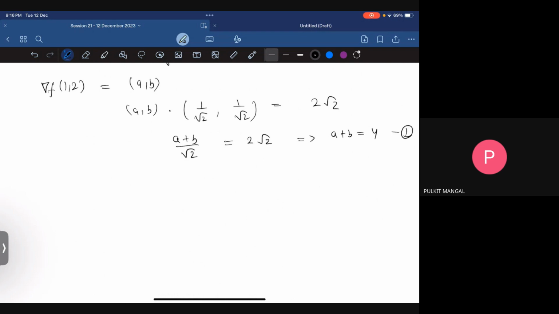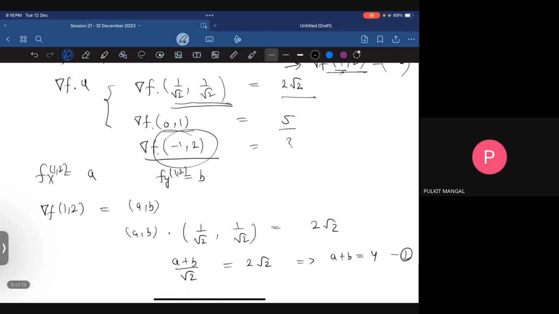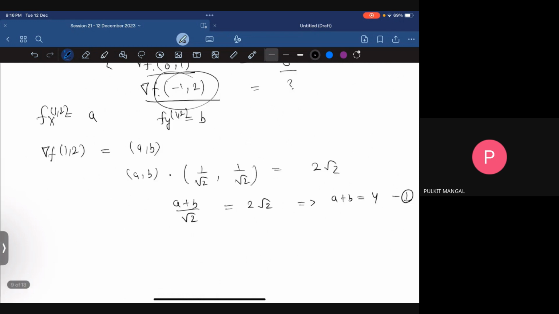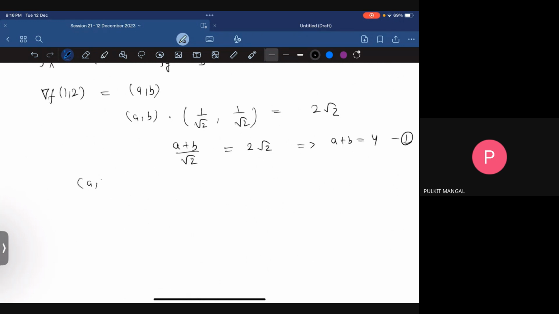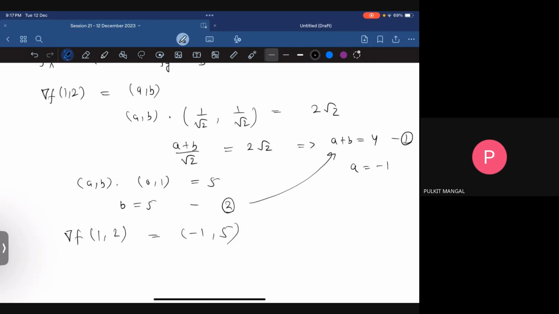This is my first equation. From the second equation, the gradient of f dot product with (0, 1) is 5, so I got b equal to 5. Plug in the value of b here, and you get a equal to negative 1. So the gradient of f at the point (1, 2) is (-1, 5).